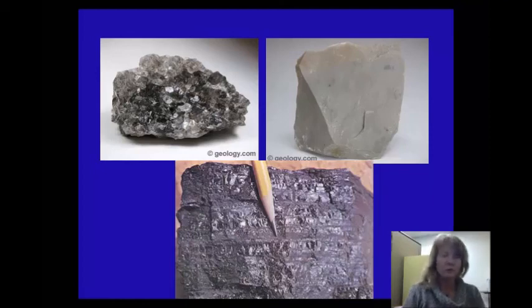Again, in order to identify them, if you recognize that the rock you're looking at is not clastic, then you just have to read about the other types of sedimentary rocks and maybe do hardness tests.